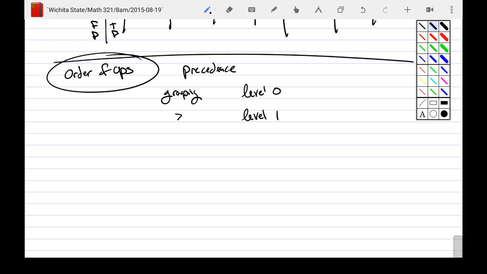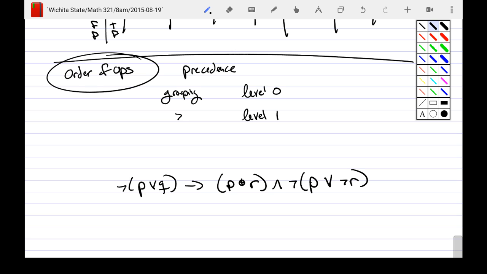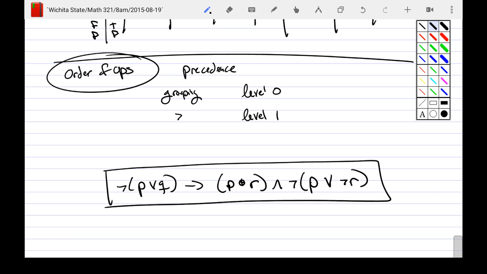If I see something that looks like not P or Q implies P exclusive or R and not P and not R, or not R, right? So if this was my big, long thing, and I were asked what the truth table for this is, you have to scratch your head and say, well, who goes first? I have to worry about the order of precedence.